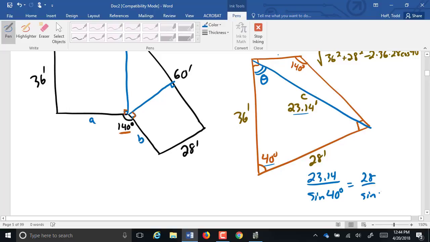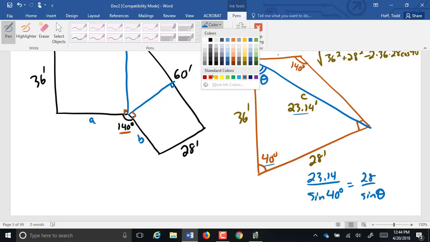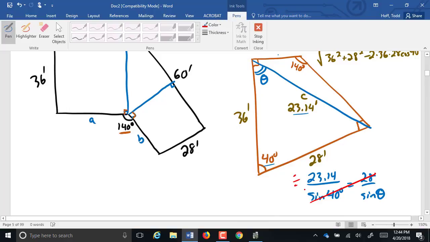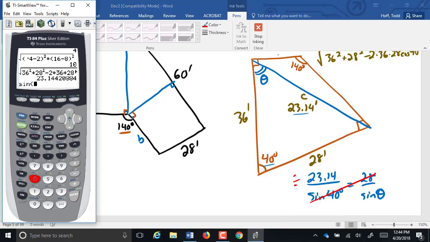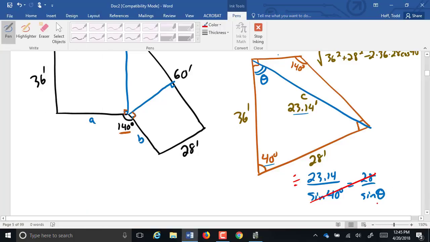Okay, 28 over the sine of that angle. So we will cross multiply and divide to find the sine of that angle. Sine of 40, make sure you close that parentheses again, times 28 divided by 23.14. Then we got to do inverse sine. 51.06 degrees.